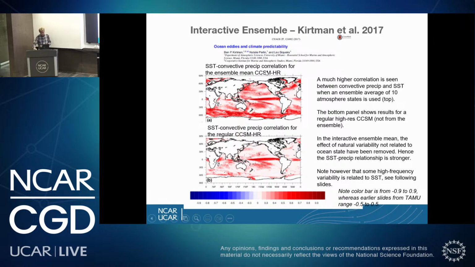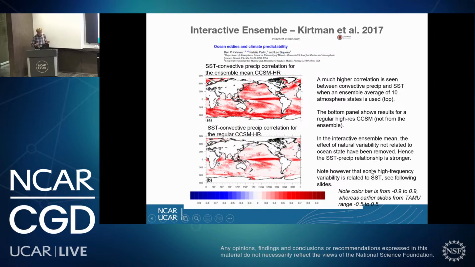So maybe this is obvious, and I think the statement in the paper is that in the interactive ensemble mean, effect of natural variability not related to ocean state has been removed, and the response to the SST is stronger.